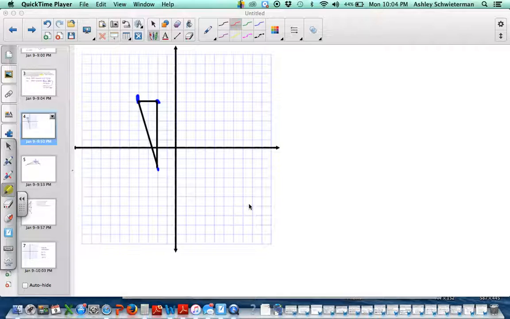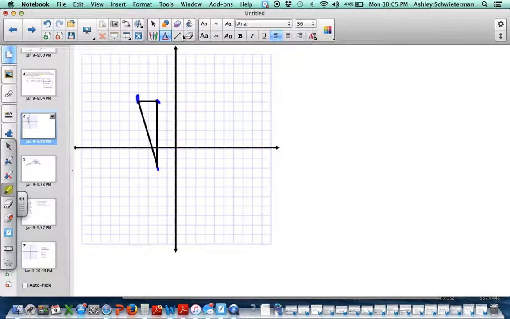So, number one, the first one we're going to look at gives us a picture, and my question is, what is the circumcenter of this triangle?